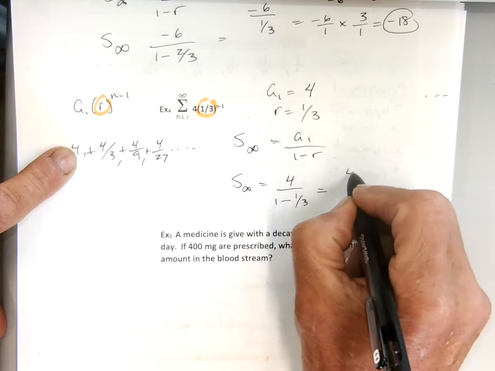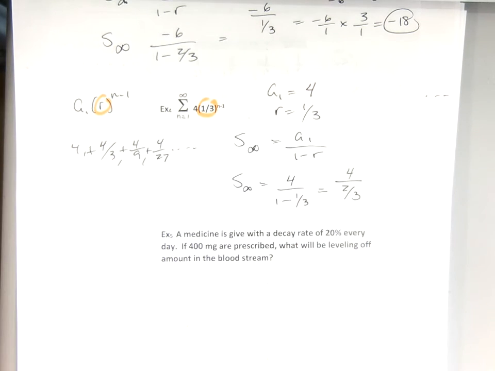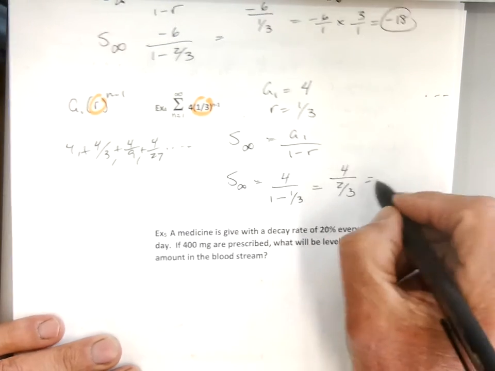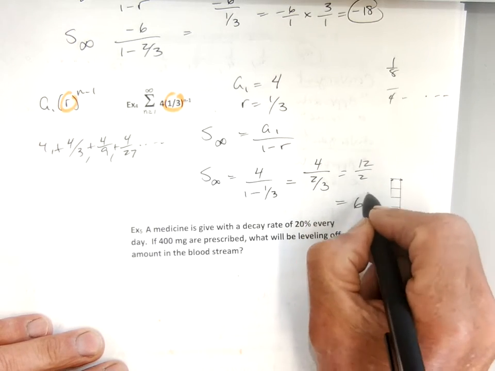So I get 4 divided by 2/3, right? Which, if I invert and multiply, makes 12 halves. Flip that up, I get 12 halves, which is 6.